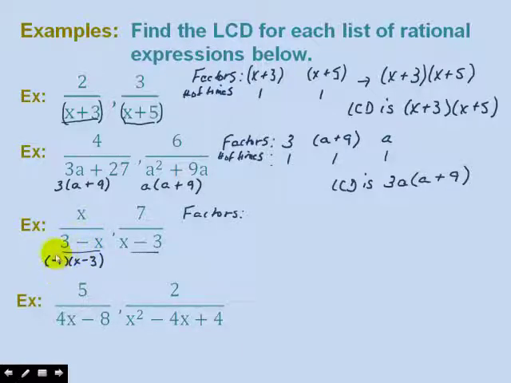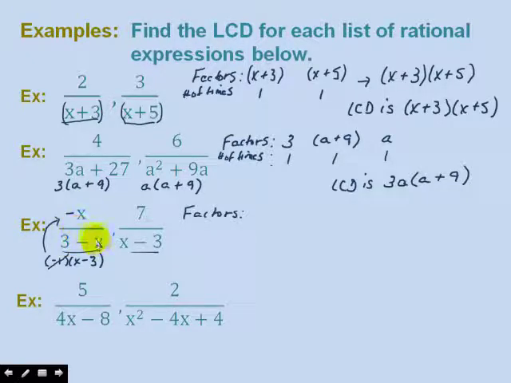And the -1, we don't really need to consider that as a factor. We could actually move that up to our numerator. So we could make this -x, and then that wouldn't even be in the denominator at all. So really in this case we're changing our whole rational expression.